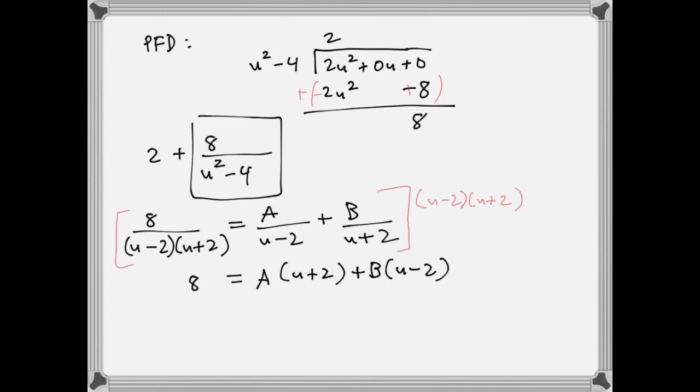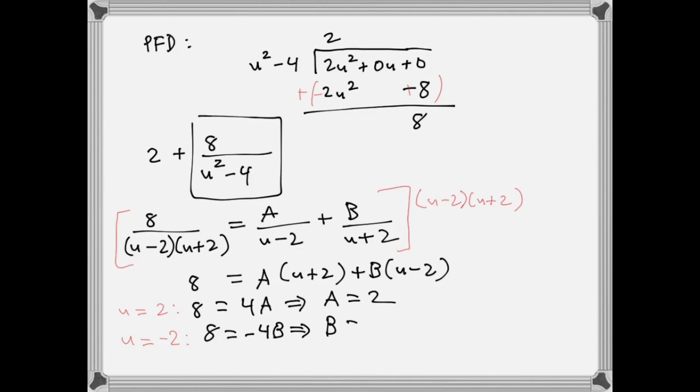And we're going to jump and do our shortcut because the shortcut works. If I do u equals 2, that gives me 8 equals 4a, or a equals 2. And if I plug in u equals negative 2, then that gives me 8 equals negative 4b, or b equals negative 2.